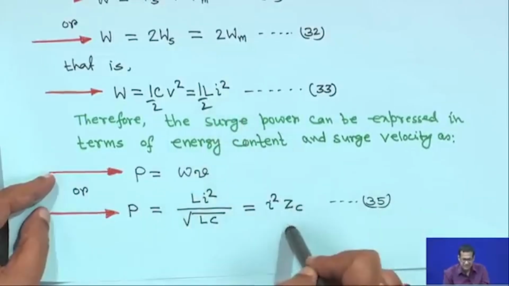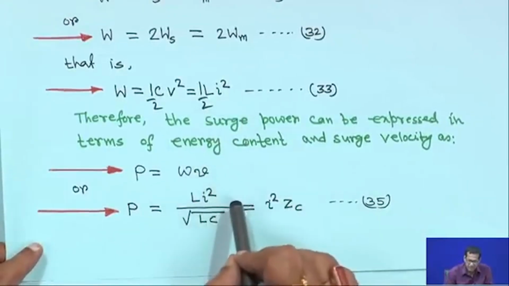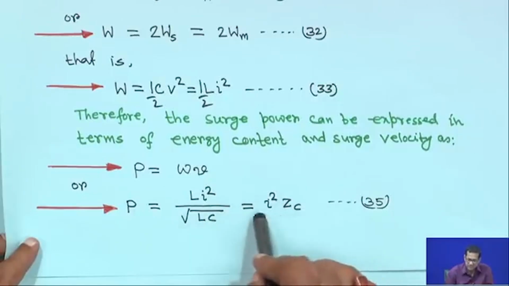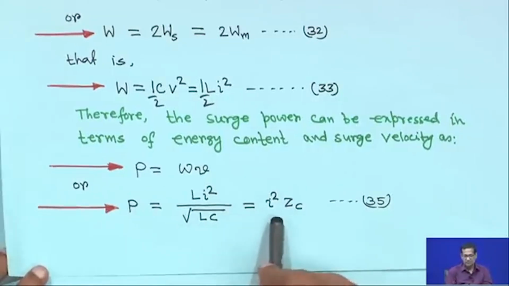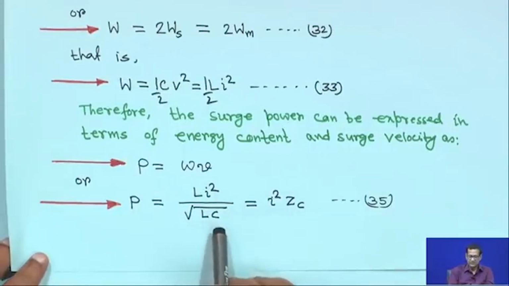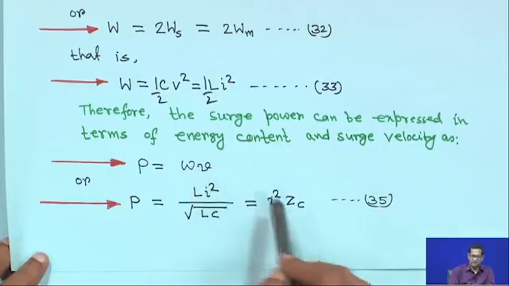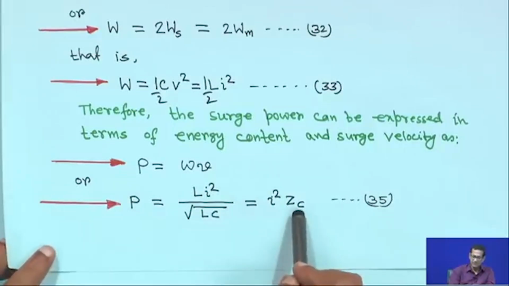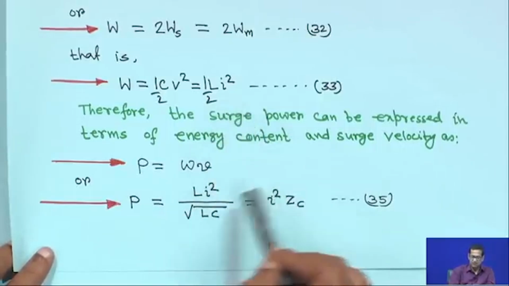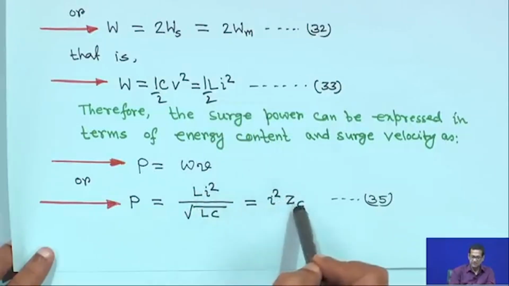From here also you can easily find it out. Finally, P = W v becomes L i square upon root over LC, so it is actually I square Zc. Otherwise, you can start with P = I square Zc, where the Zc component you know and I square also you know. Substitute these and this expression you will automatically get.